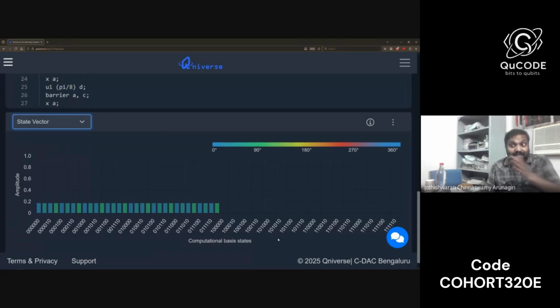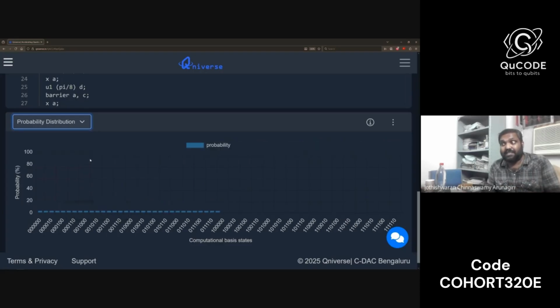But again, this is the state vector from the simulator. I cannot see the state vector. What I will see when I measure this are these output states with a certain probability. So now all states are equally probable. Like they all have 3.13, 3.13, 3.13 all across the board. So I'm getting nothing from this.